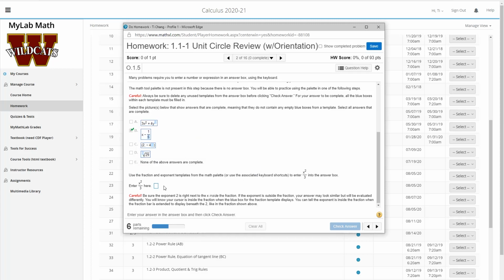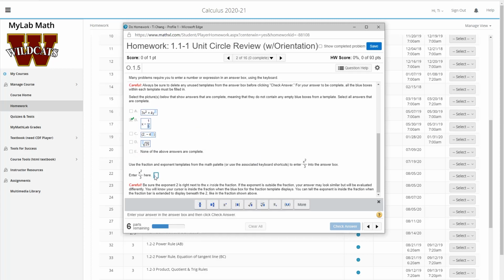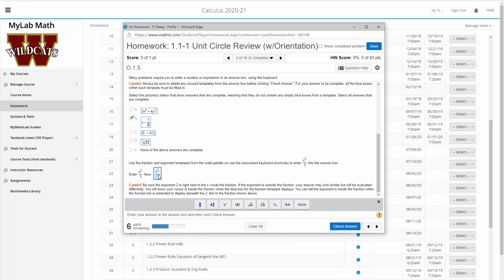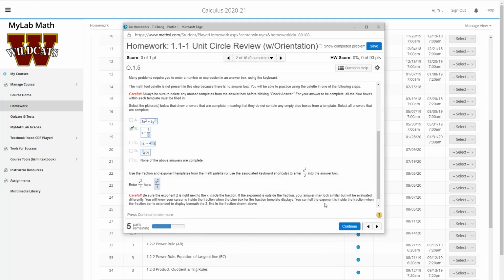If I want to enter x squared over 3, I would choose this fraction thing right here, then type x, and I can do a shift 6 to do a superscript squared, then hit my down arrow for the 3. Check my answer, make sure that's correct.